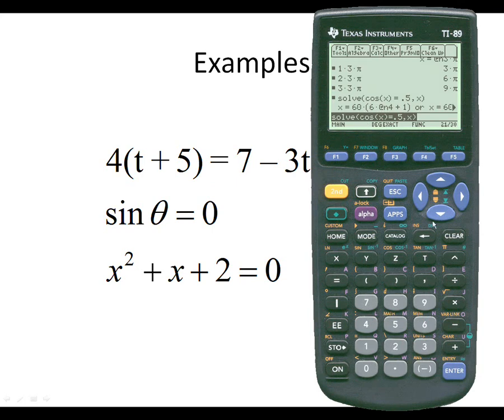So all that means is, here's my first answer: 60 times 6 times 1, because that's the first integer, times 4 plus 1. So that would be my first solution.